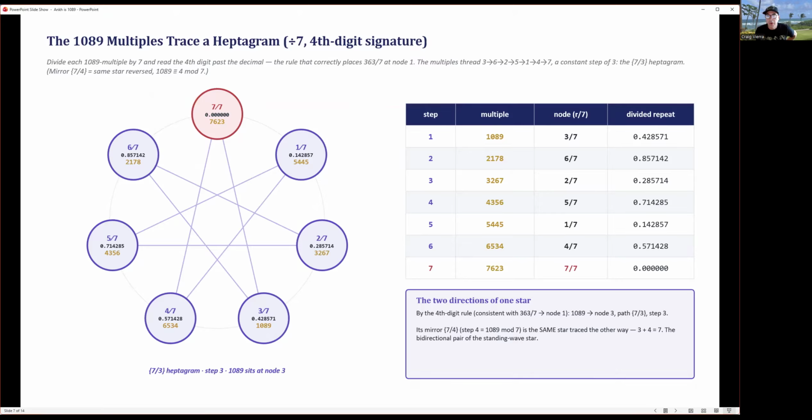It's called a heptagram, a 7-3 heptagram, because starting at 1089, 3 nodes away we go to 2178. You see 1, 2, 3, and then from 2178, it's 3 nodes away, and you get a 7-pointed star. Looking at the top, we close the cycle at 7623. The individual seed being 1089.